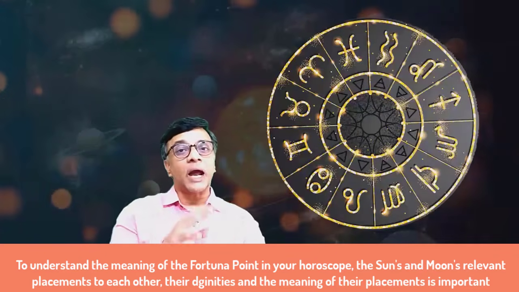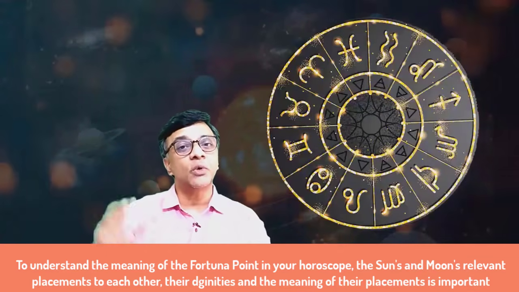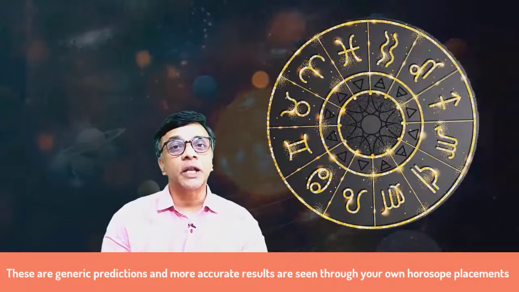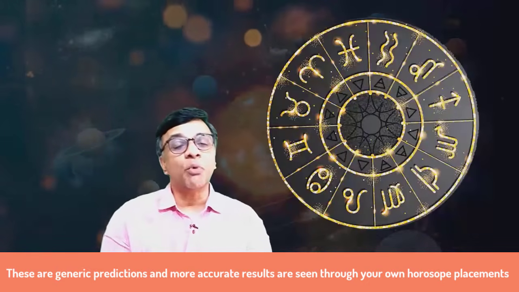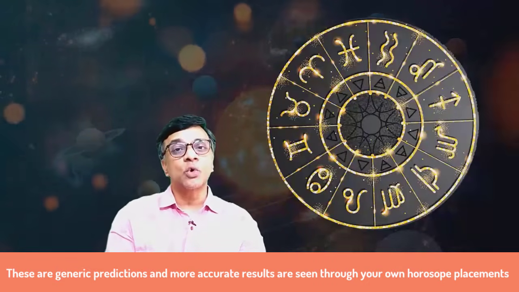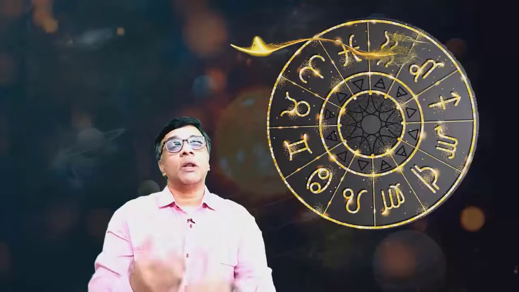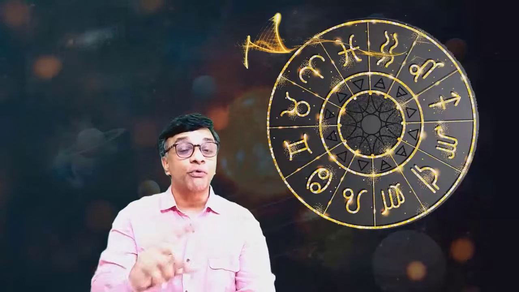Once you get the final degrees, you see where that particular point lies in the horoscope. That sign and that house become where the Fortuna point is, which means the fortune, or good fortune, will come from there.